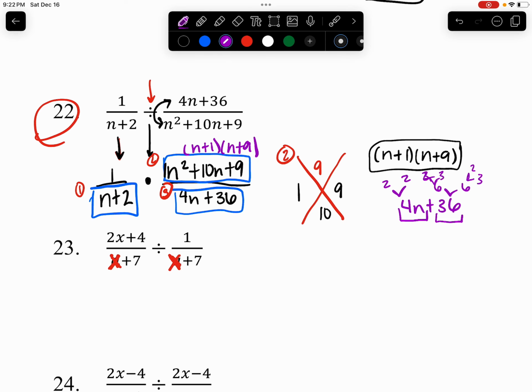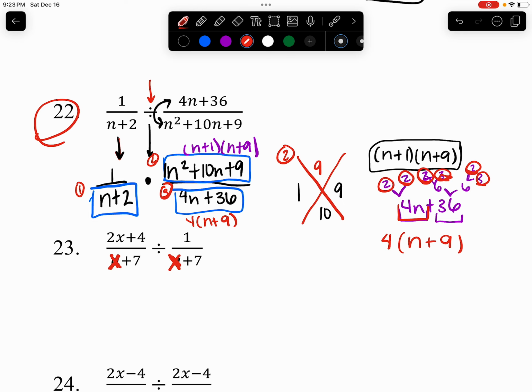So what do they both have in common? They have a 2 in common, and they have another 2 in common. 2 times 2 would be 4, their GCF. What's left over in 4n? n is left over. And 3 times 3, 9 is left over. So I'm going to replace 4n plus 36 with 4 times n plus 9.